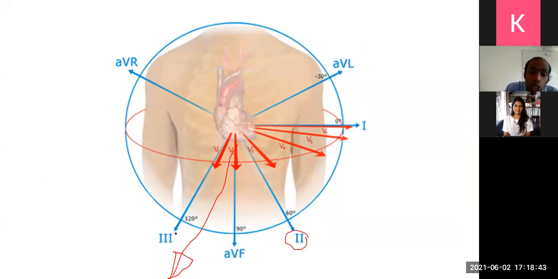It is traveling towards 3. Remember, current traveling towards the lead is always positive. So they have to be positive. But you can now see current is traveling away from 1. It's traveling away from 1, so therefore it has to be negative.